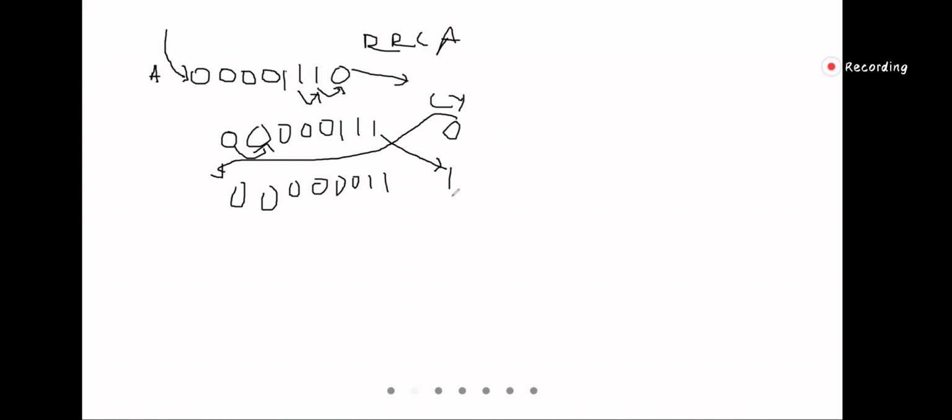So I'm checking whether the value of carry is 1 or not. If it is not, JNC match. If the carry is not 0, that means 1, it should jump to match.